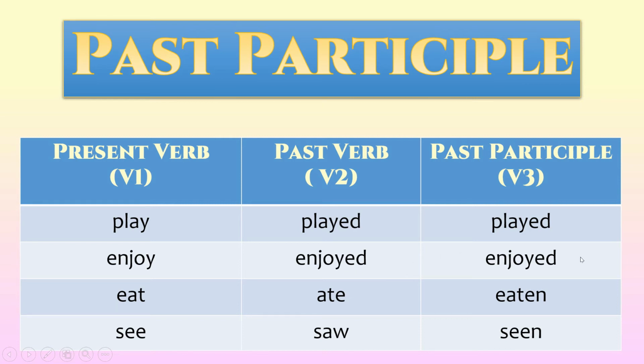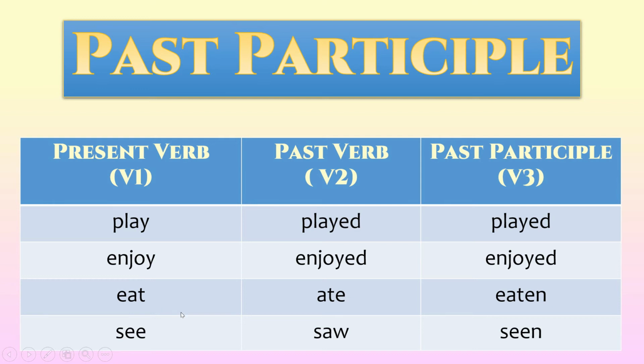If the verb is a regular verb, it means the verb just adds d or ed at the past form. So the past participle is just the same as the past verb. But in the irregular verb, the past participle has a different spelling. Let's take a look here.